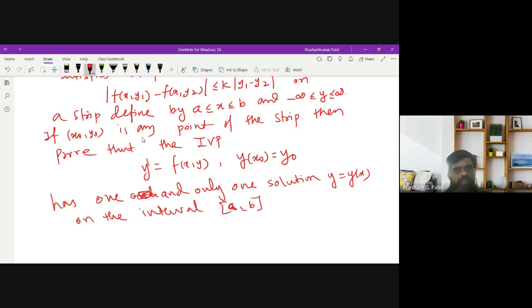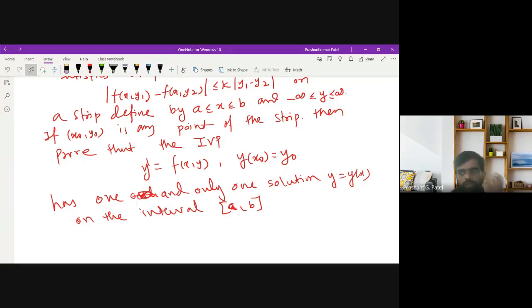So this theorem has a weaker condition than the Picard's theorem which we have discussed. We are given a similar argument which we did in the Picard's theorem, and with some simplification permitted by the fact that the region under discussion is not bounded above or below.